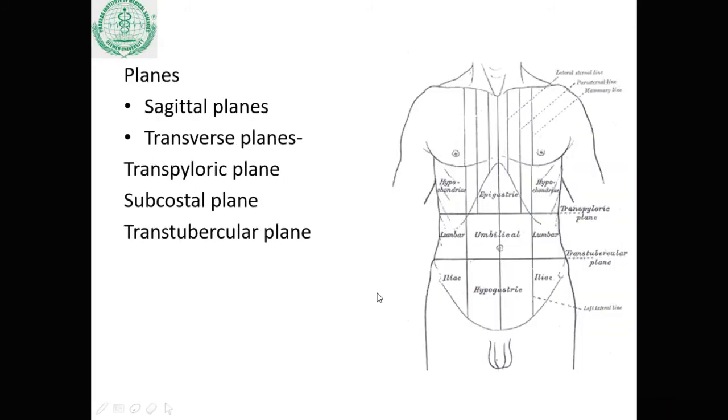Now for the convenience of the description of the viscera, the abdomen is divided by vertical and transverse planes. So the sagittal planes here, the median sagittal plane which extends from the suprasternal notch to the pubic symphysis. There are right and left lateral planes also.